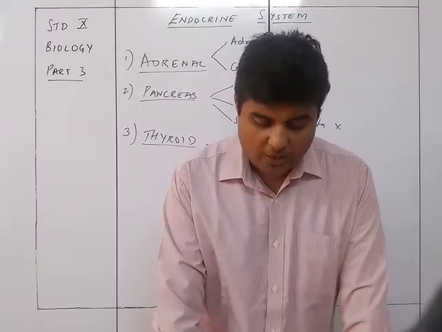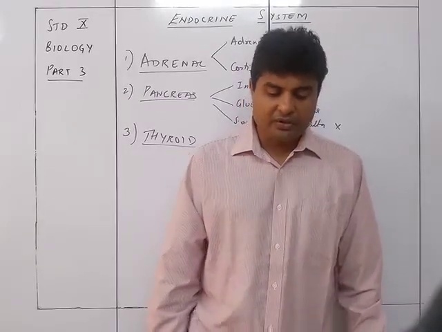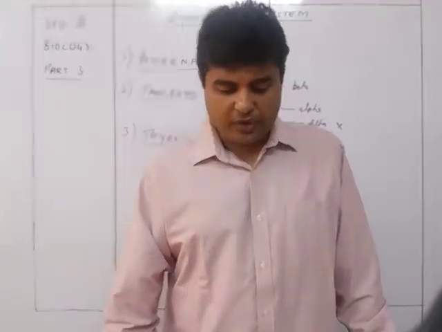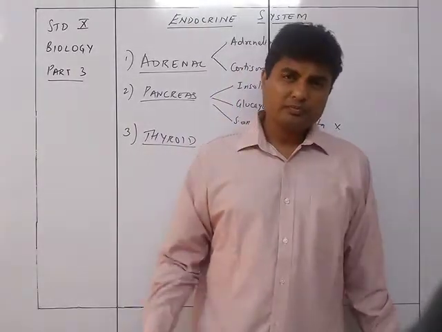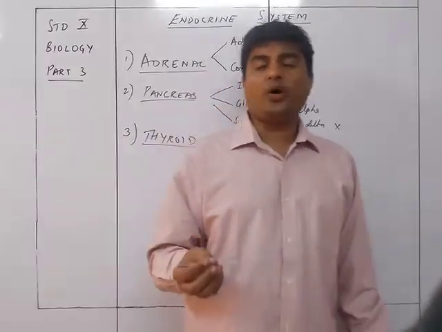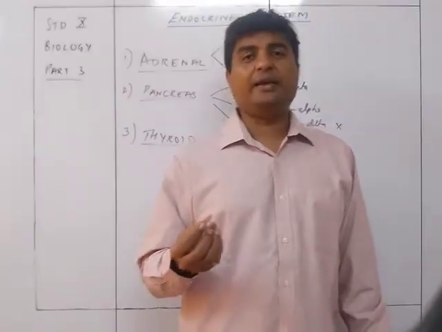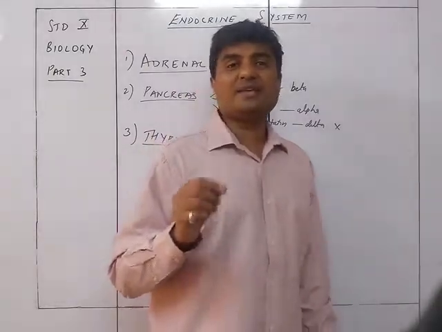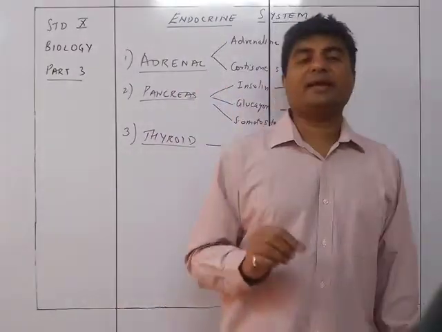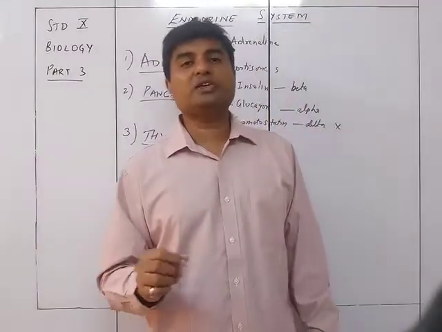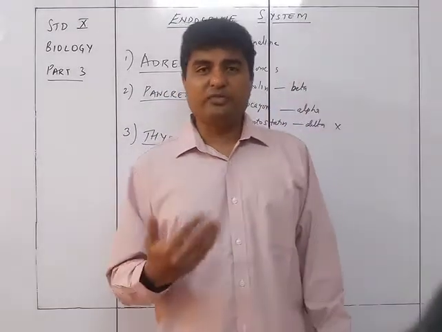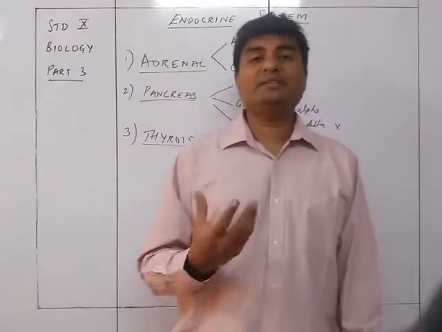This condition is common in people in the hilly region where iodine is deficient in soil and hence in food grown there. So iodine is a very important ingredient of thyroxine. If the iodine intake is less in the body, then thyroxine production automatically gets affected, and because of that there is going to be simple goiter.